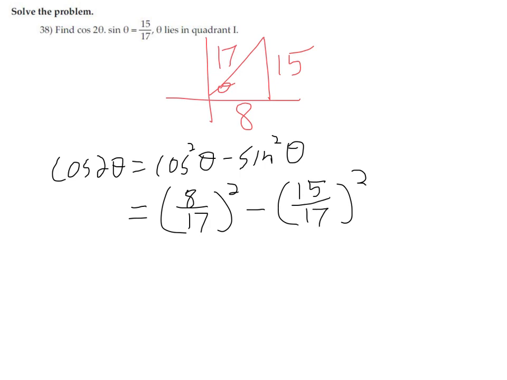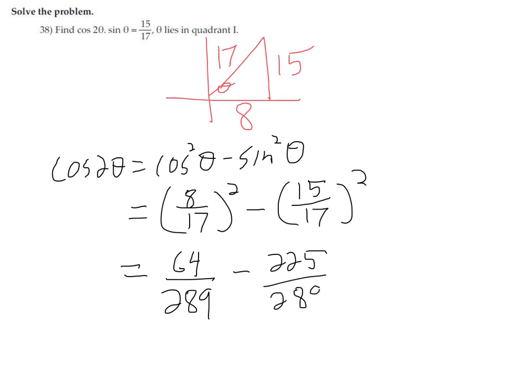Squared. We have 64 over 17 squared, 289, minus 225 over 289, and 64 minus 225 is negative 161. Negative 161 over 289. That's our answer.